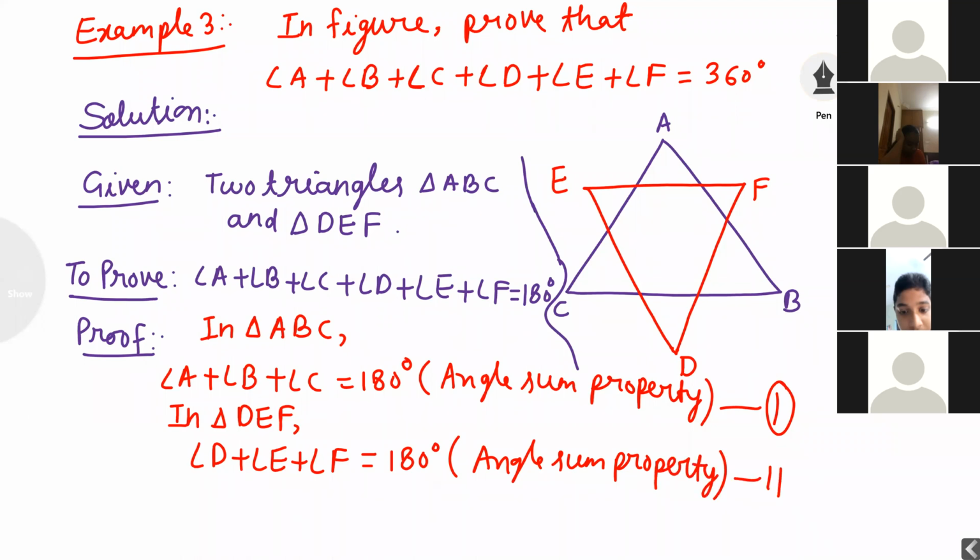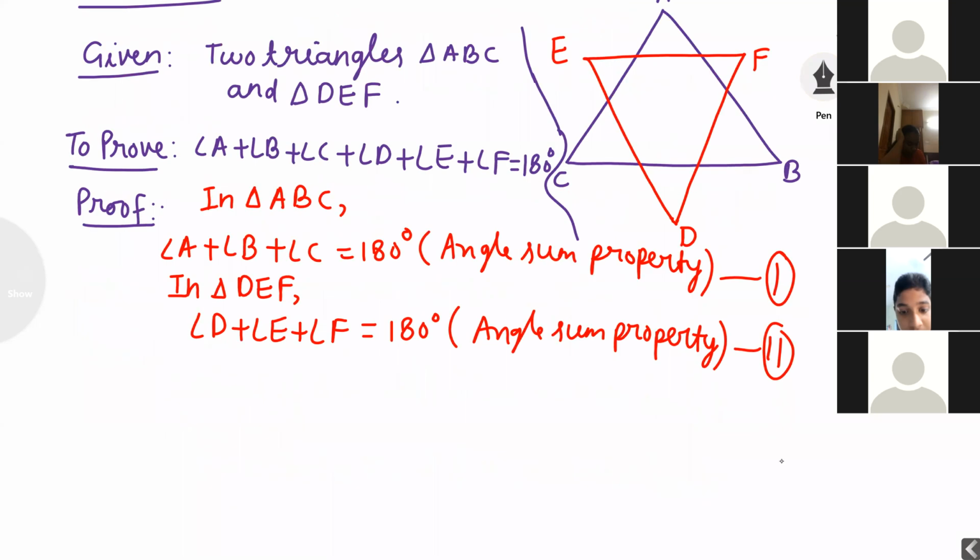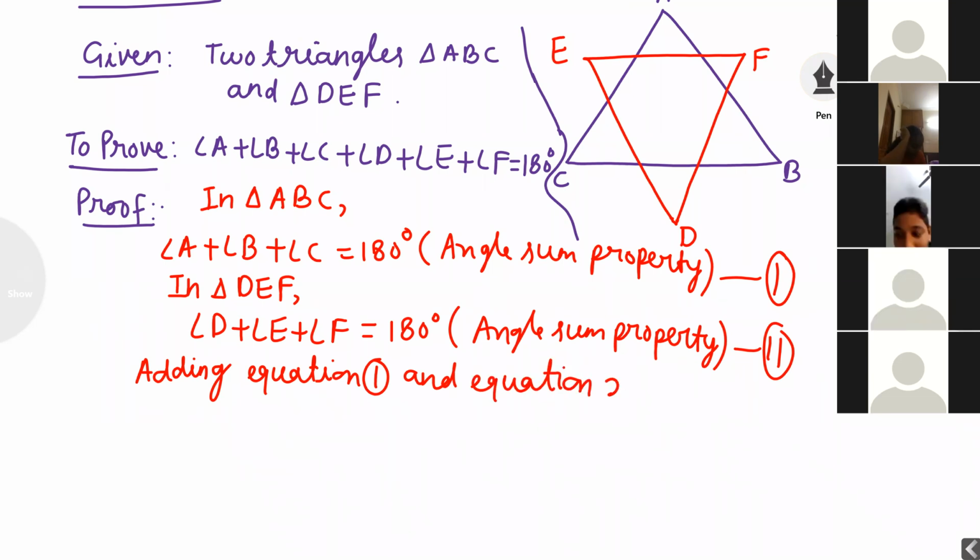This is equation 2. Adding equation 1 and 2.